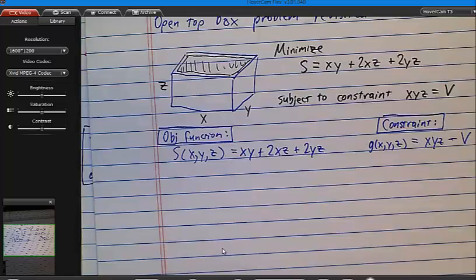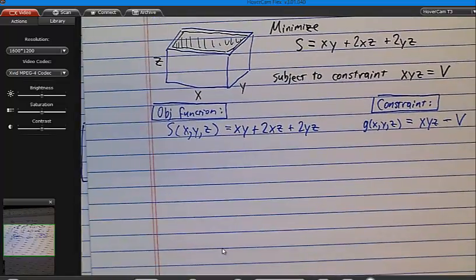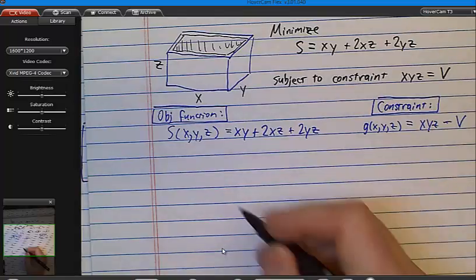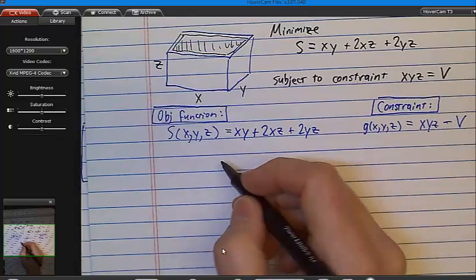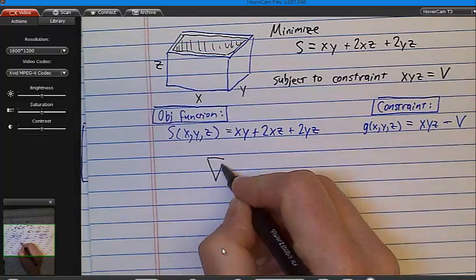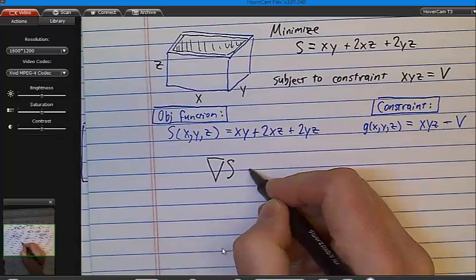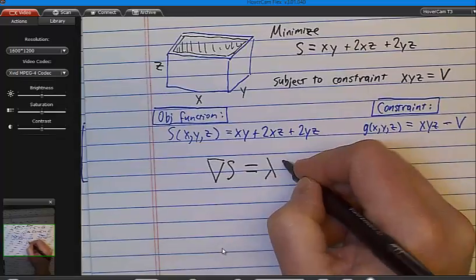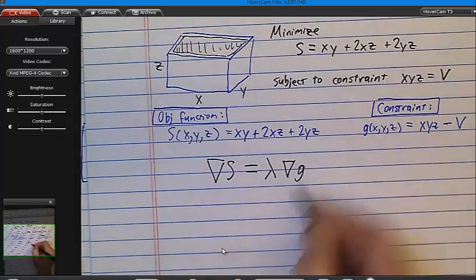So what happens is, when you do the Lagrange multiplier problem, what you're really doing is upping things a dimension. So the equation is grad S is equal to what? Lambda grad G.